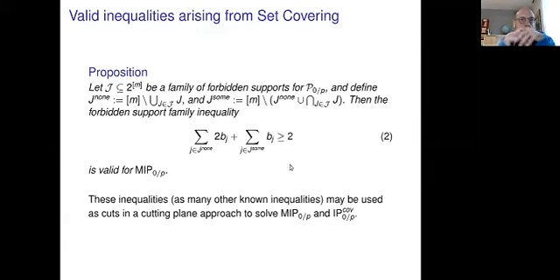But when you see this, it is something that, for me at least, does not make any sense in the forbidden support world. But we know that this is a valid inequality because it comes from the set covering field, and we can use it for free in a branch and cut approach or whatever. I won't get into the details.